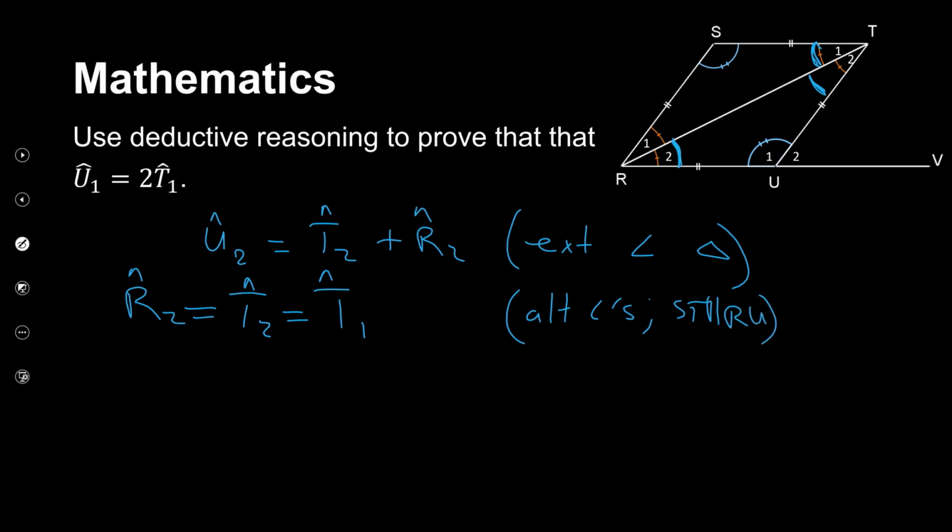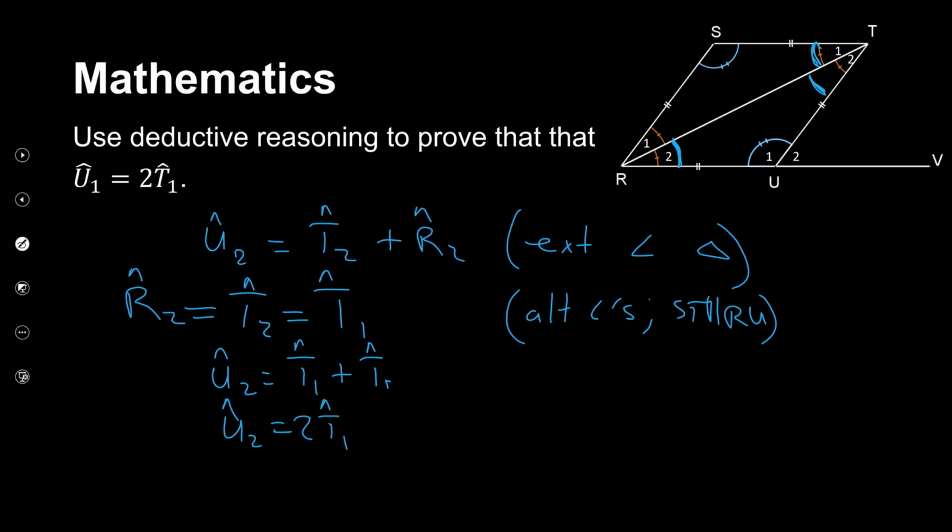Then from there, what do I know? It means U2 will be the same as, if I add these angles, T1 there plus T1 there, which is the same as U2 equals 2T1.